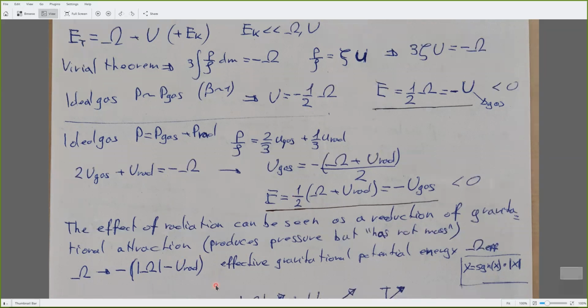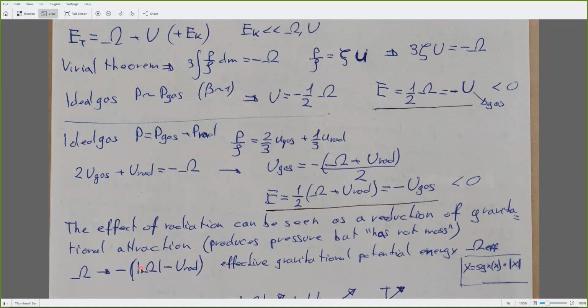So we can see the change in the potential energy as the absolute value minus the energy of radiation, and call it an effective gravitational potential energy. That is the potential energy corrected by the effect of the radiation. Remember, every number can be seen as the multiplication of its sign and its absolute value.